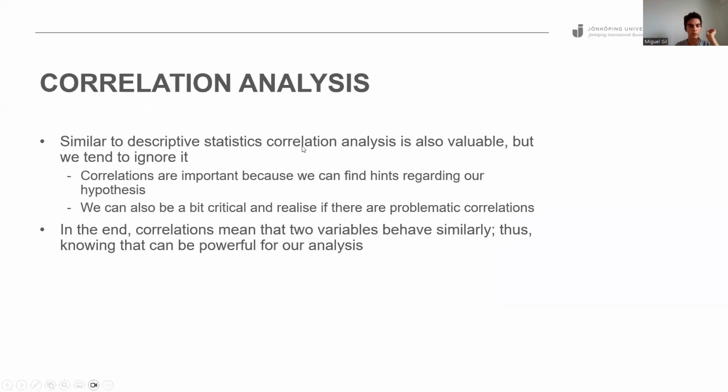And then we have another descriptive analysis, which is the correlation analysis. It's also valuable, but sometimes we also tend to ignore it. Correlations are important because a correlation tells us if the behavior of one variable relates to the behavior of another variable.